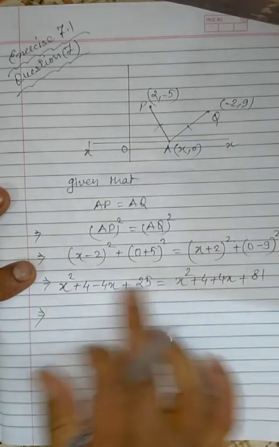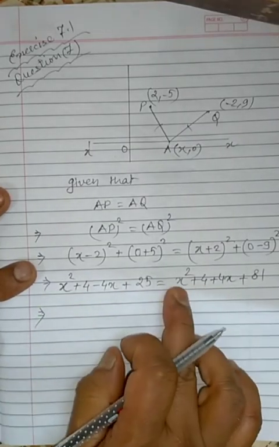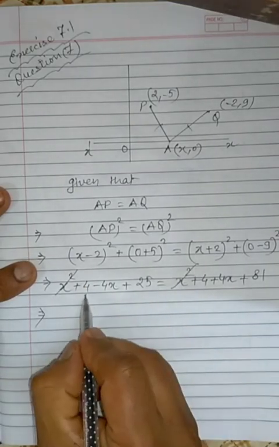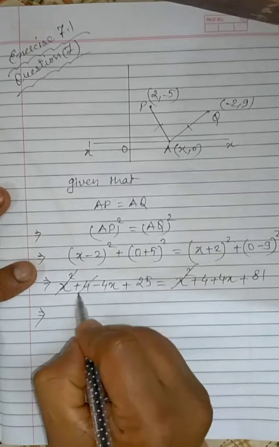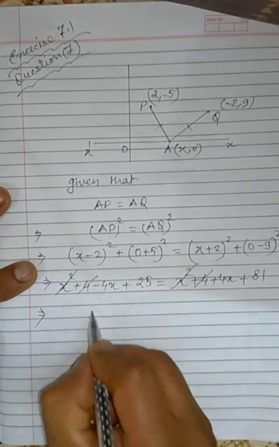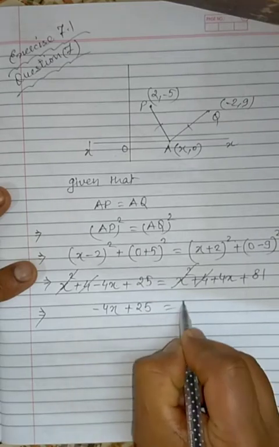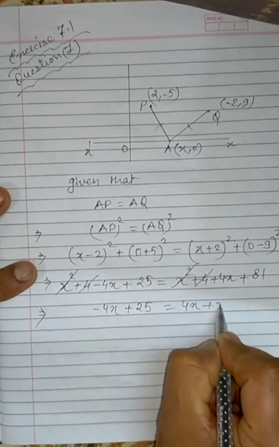Now if you see both the sides, we have x square here and here both, so it can be cut. We have 4 here and here with the same sign, it can also be cut. So we have minus 4x plus 25 is equal to 4x plus 81.